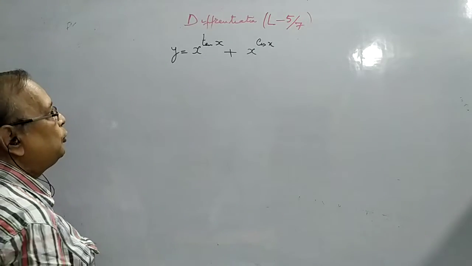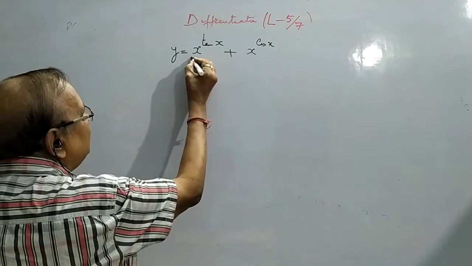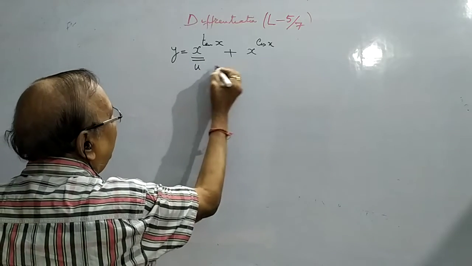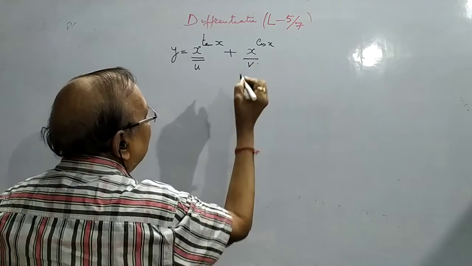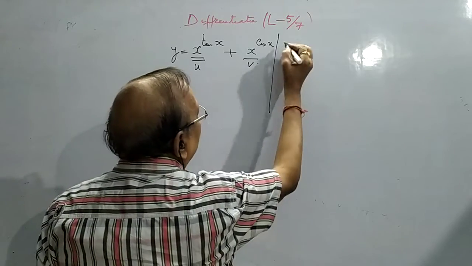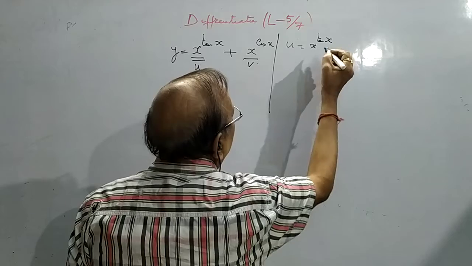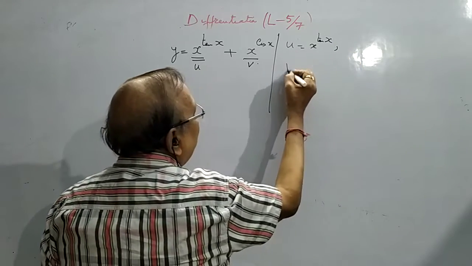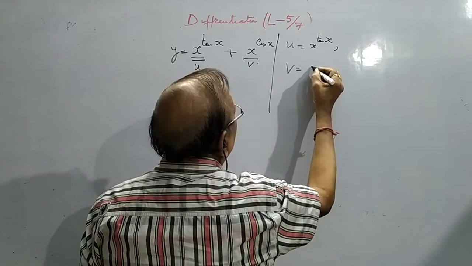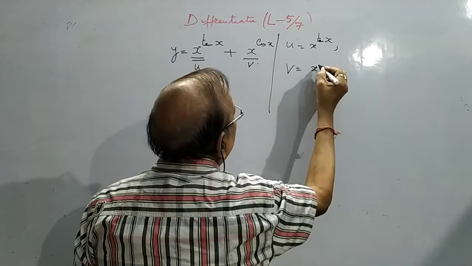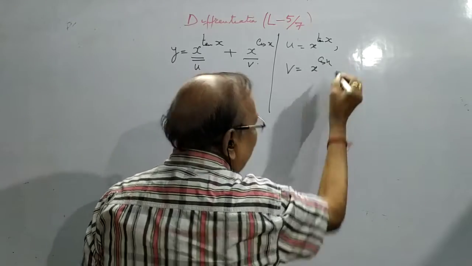So what we have to do? We have to assume this is u and this is v. So here u is equal to x to the power 10x and v is equal to x to the power cos x.